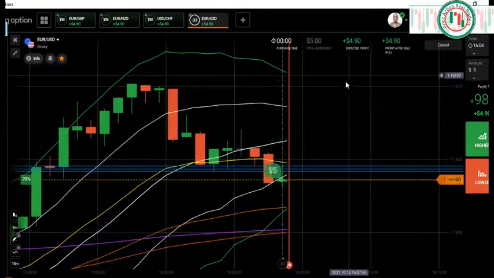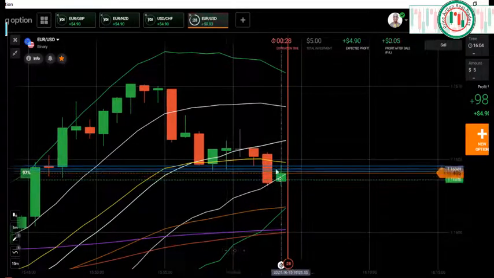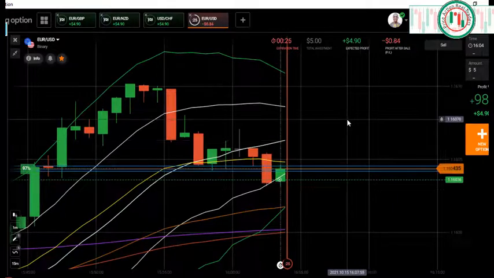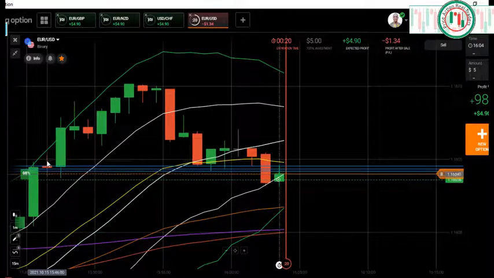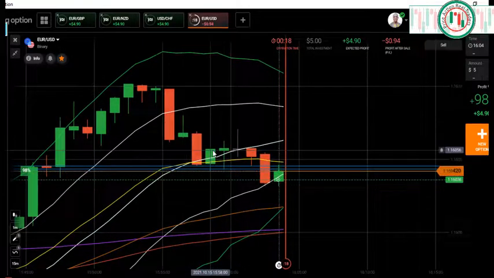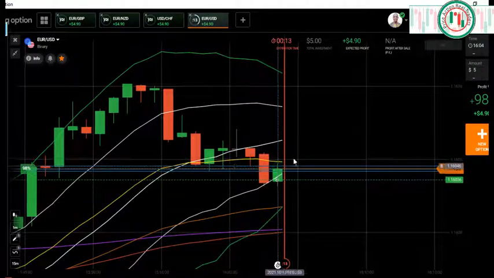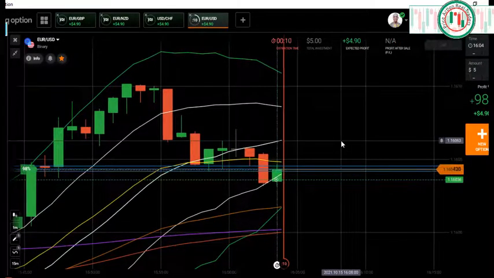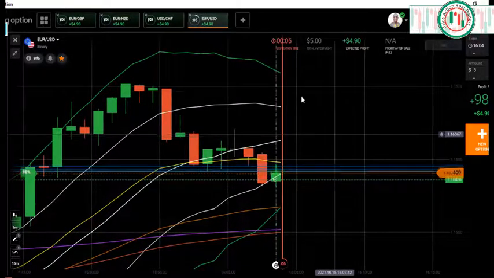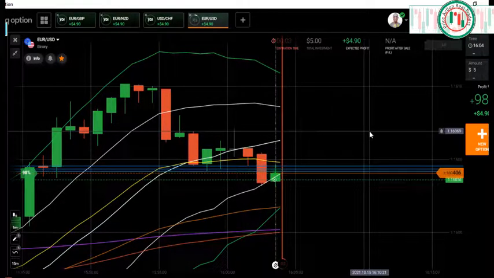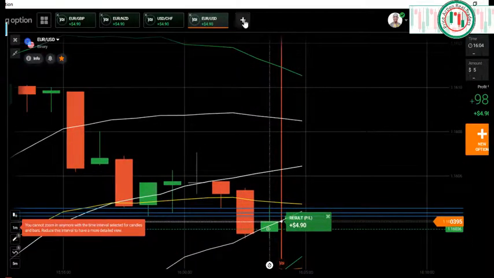I placed a call option because of this strong bias area, this candle must be a green candle. You see strong bias, weak sellers, strong bias entry, strong bias entry. So I know the market will go up at least for one candle. Yes, this is a winning trade.